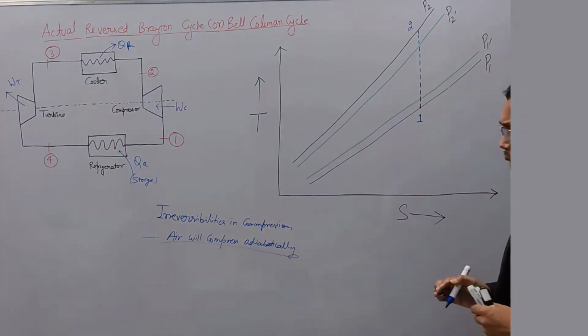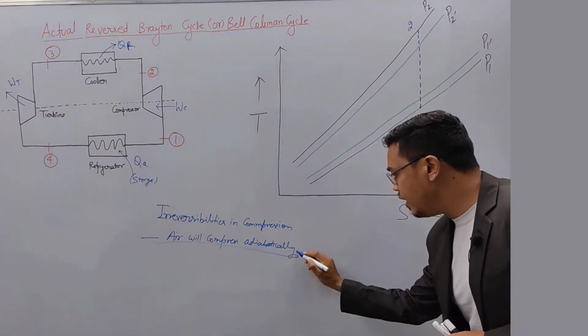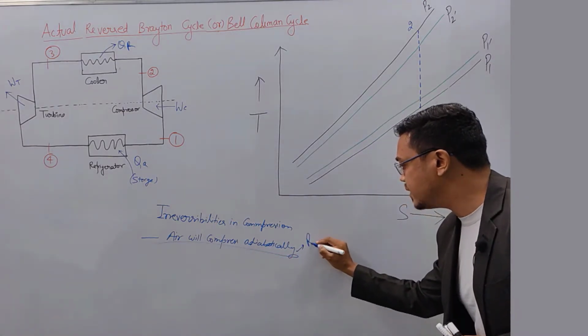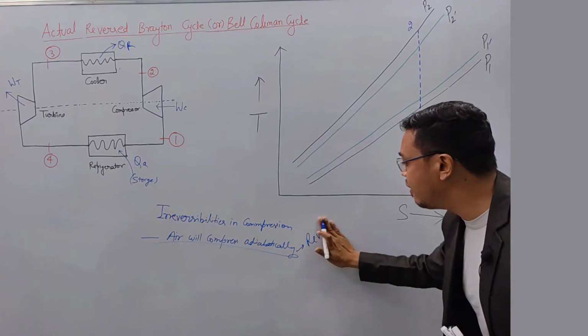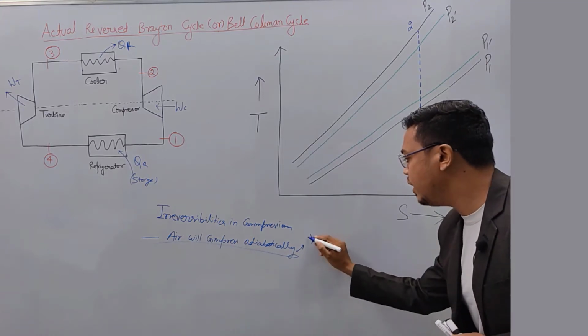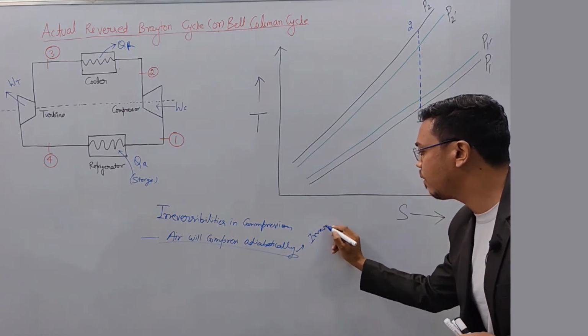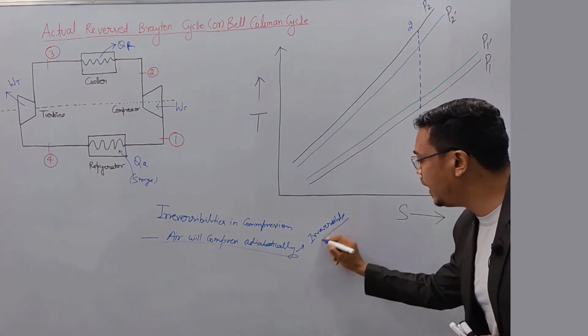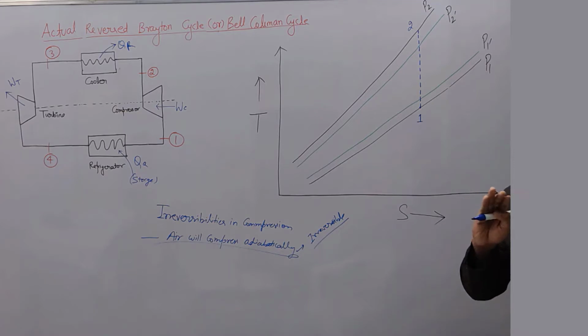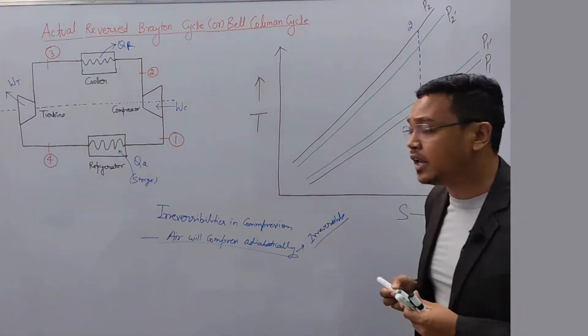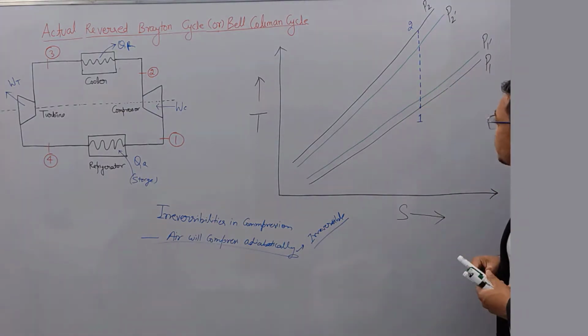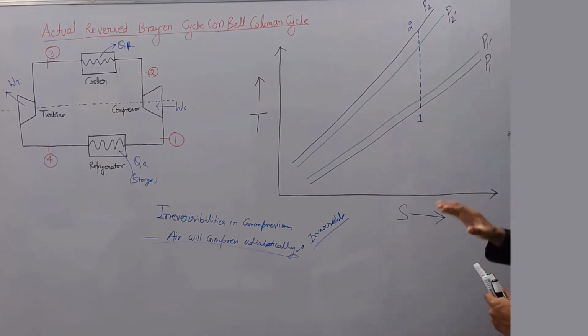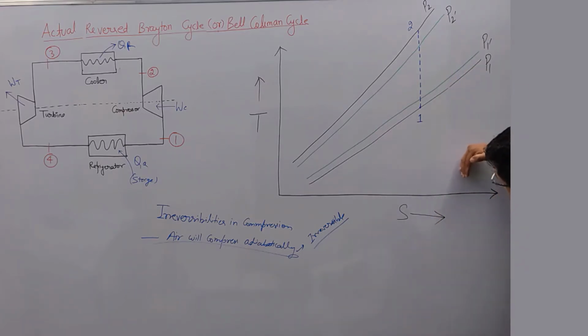It means adiabatic but irreversible. It will be irreversible. It means entropy will increase. So the process will go up, but in the direction of increasing entropy, and entropy is increasing like this.